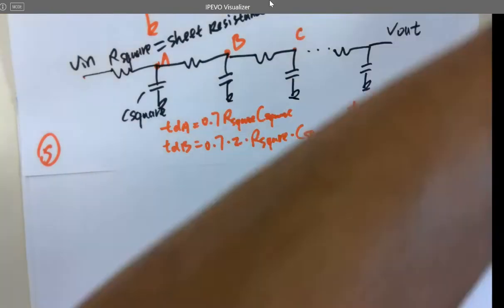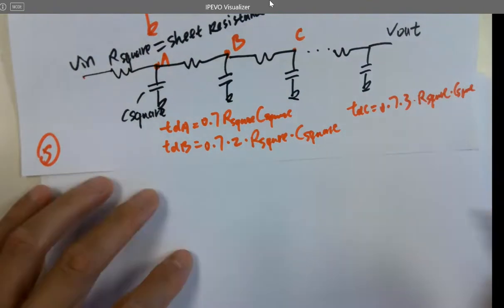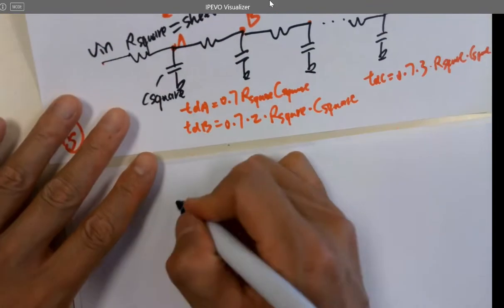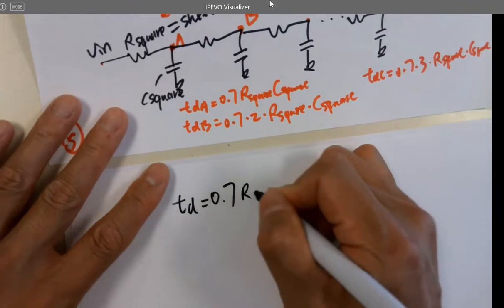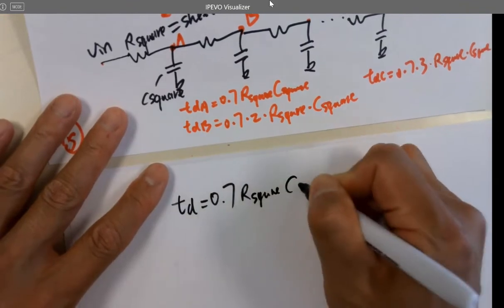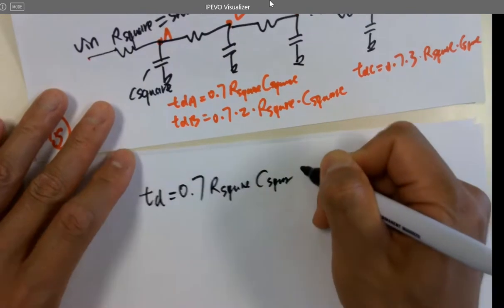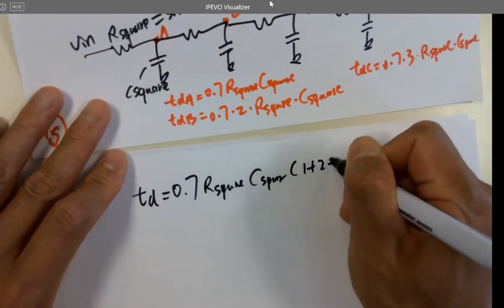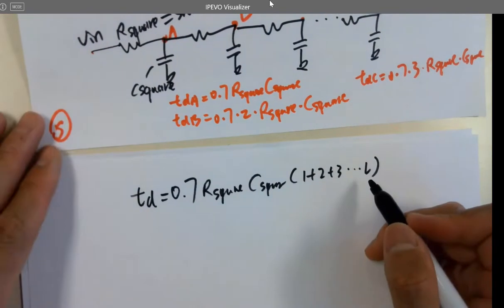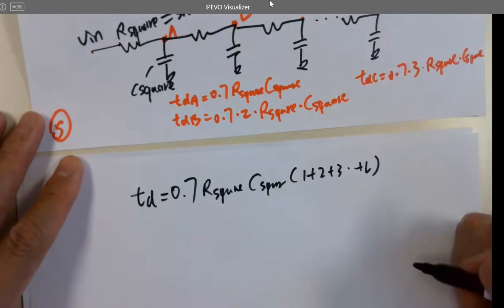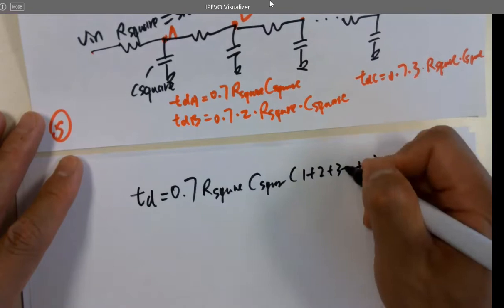So for the entire time delay, you just add them together, so it becomes TD equals 0.7 R square C square times 1 plus 2 plus 3 until L. For example, there are L of them. Does that make sense?